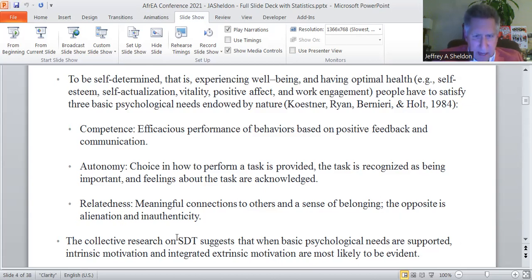And relatedness has to do with meaningful connections that you have with other people, and a sense of belonging to a group. Basically, you feel belonging to an organization or what have you.